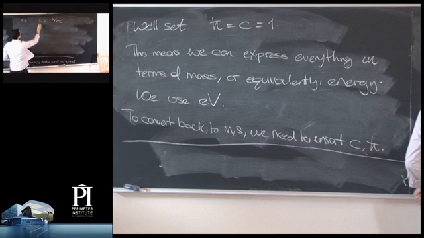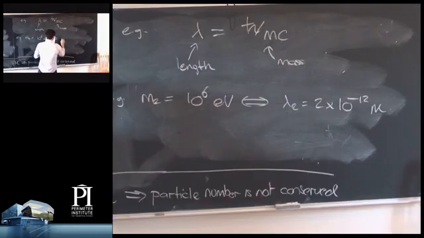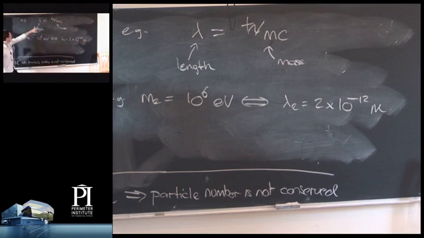So this is length. So for example, if you look at the mass of the electron, using this relationship here, this converts to a length scale, which is 10 to the minus 12 meters.